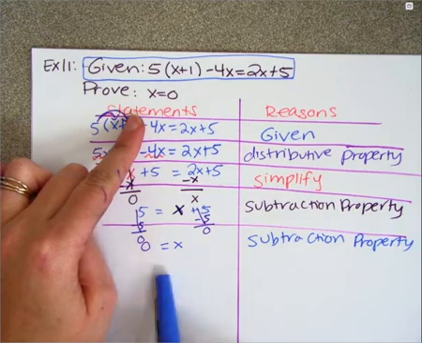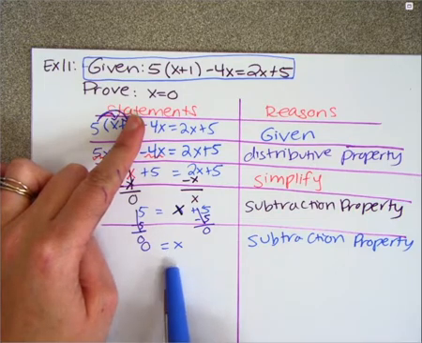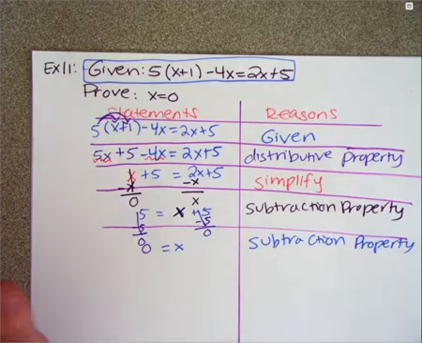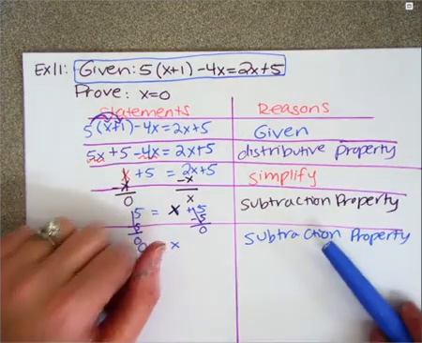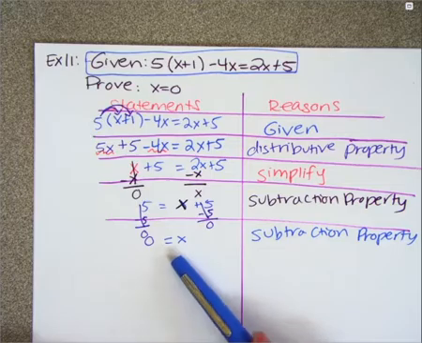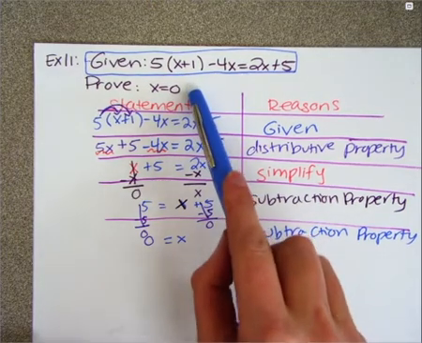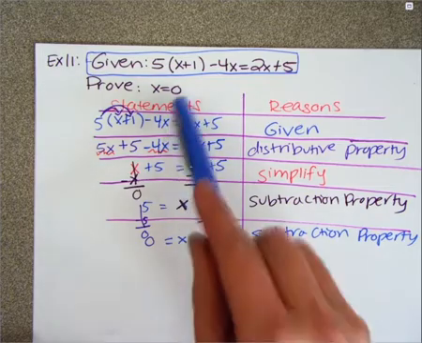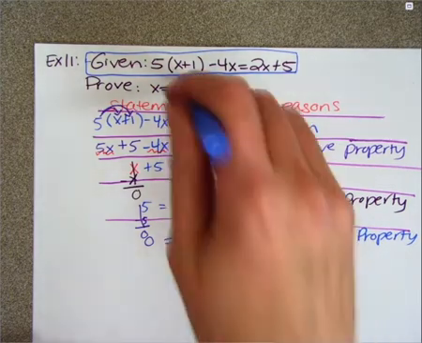Now, technically it's telling me to prove that x equals 0. Well, I did prove that x equals 0 because 0 equals x. But proofs are really nitpicky, you guys. They want your final answer to look exactly like the proof. Currently these two things mean the same thing, but they are definitely not written the same way.